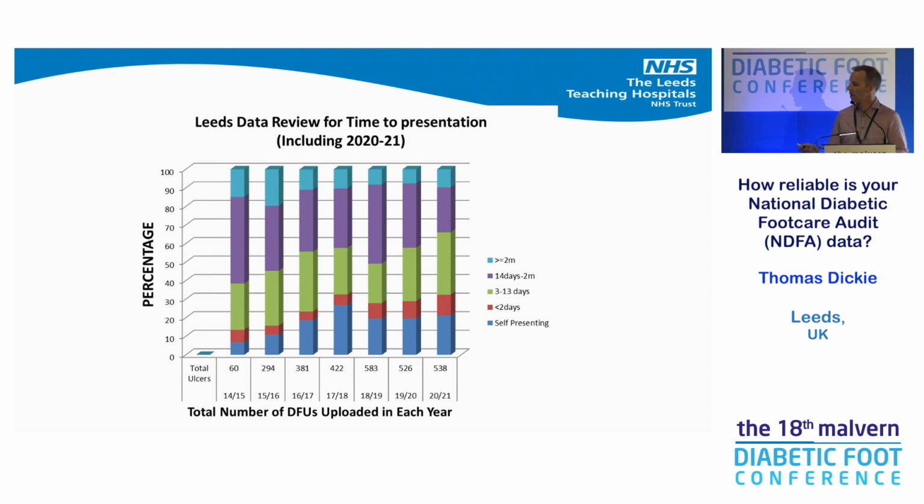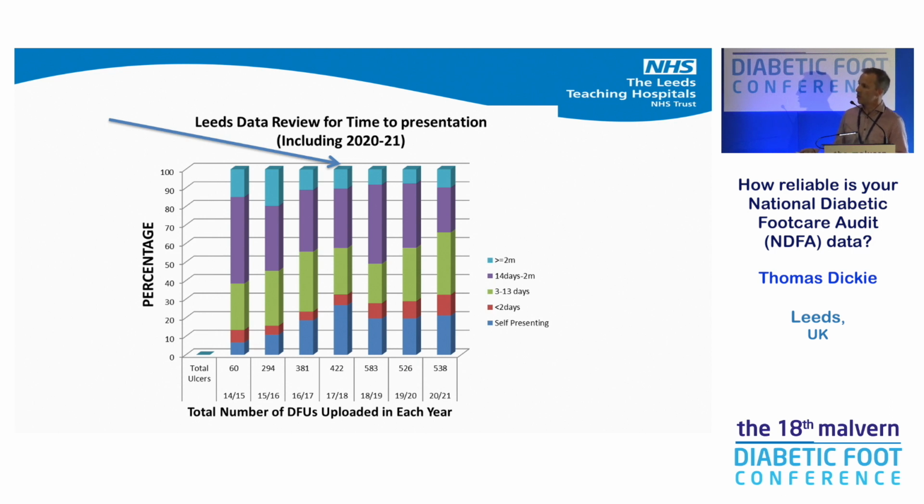But this is looking at time to presentation, and this is the line that we're looking at here, which is when we did the audit and said, what should we do better, and how should we do it. Interestingly, the Foot Protection Service started late in 2017, so it took a while to actually get going, three to five years before we see the impact.